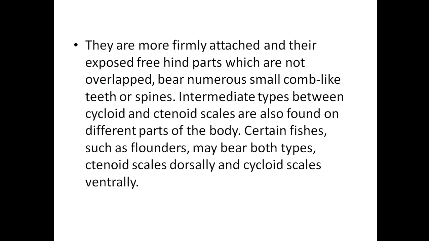Compared to other scales, they are more firmly attached. And their free hind parts are also not overlapped. So that's why they are intermediate between cycloid and ctenoid scales, and are also found on different parts of the body.